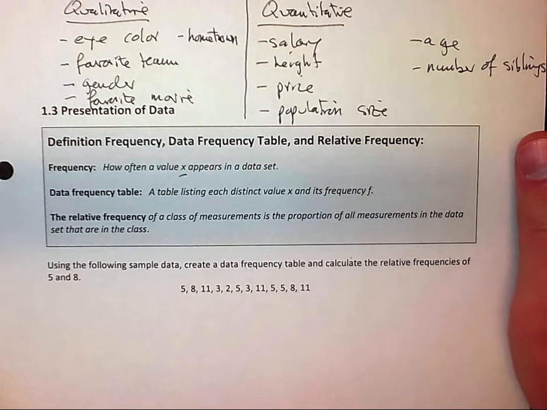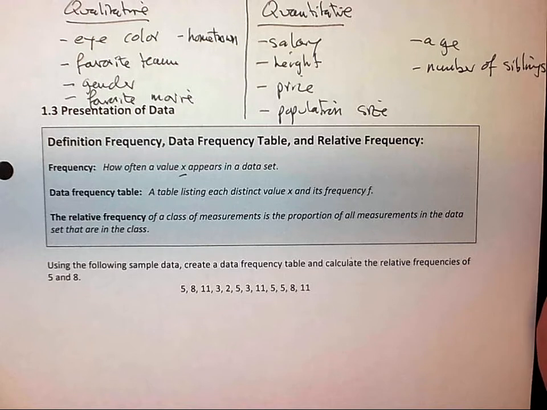Because it happens 4 times. If I asked you what the frequency is of the number 11, you would say what? 3. You guys get the gist behind frequency? Just count how many times it happens. I'm giving you individual values of x, like 5 and 11 and 3. However many times that value occurs, that's going to be the frequency of it.